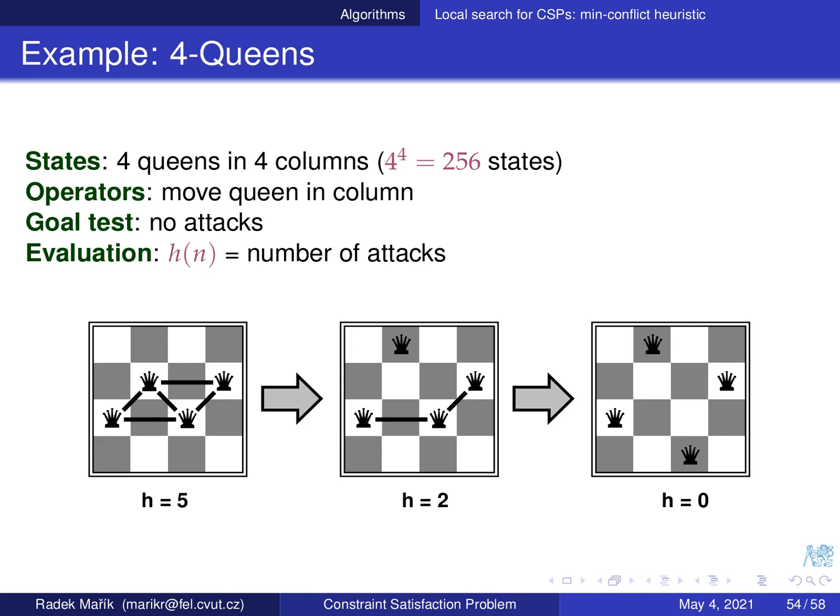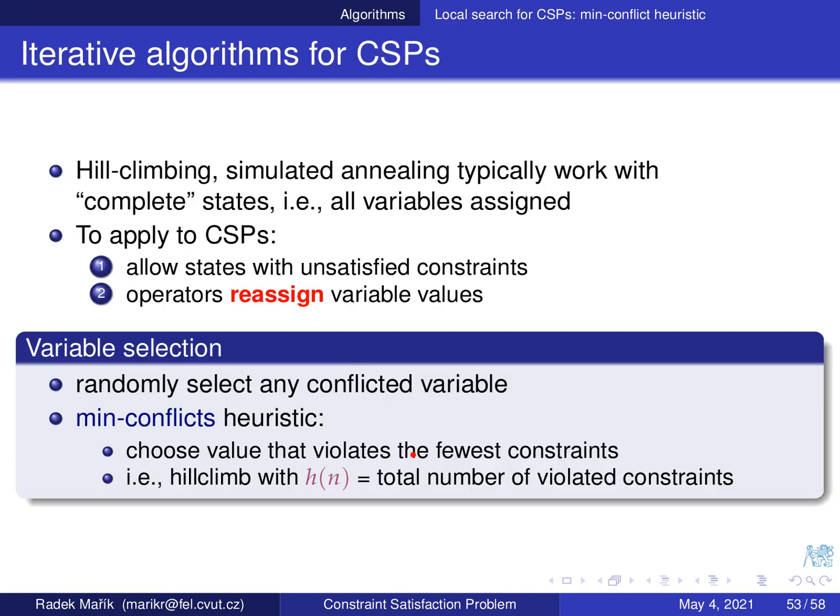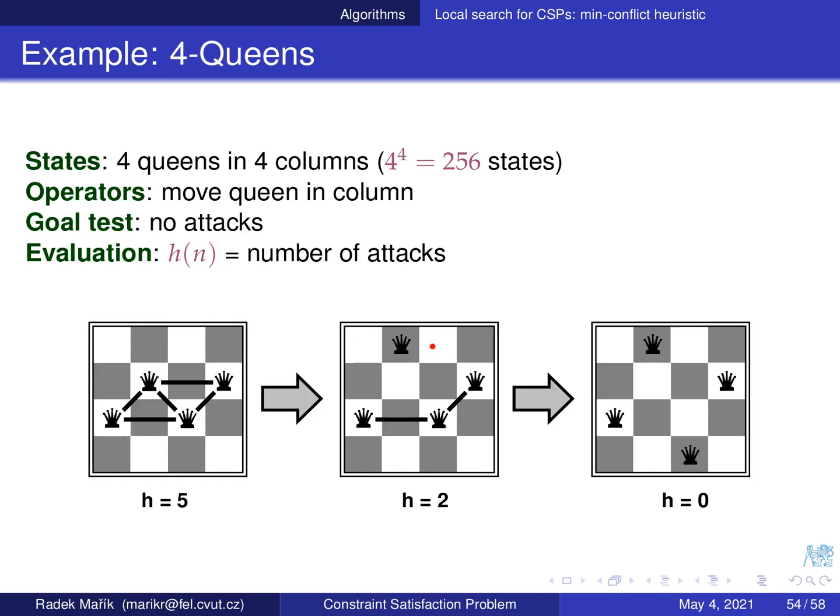So you can select any queen, or the queen that violates the fewest constraints, which turns out to be this one.